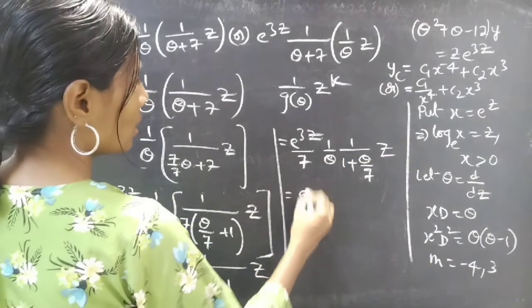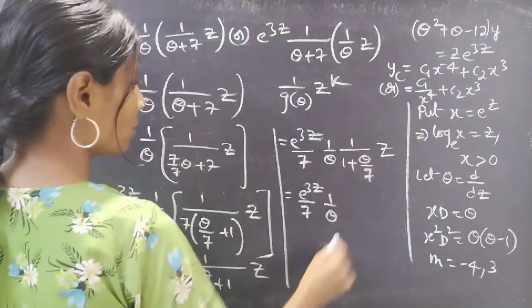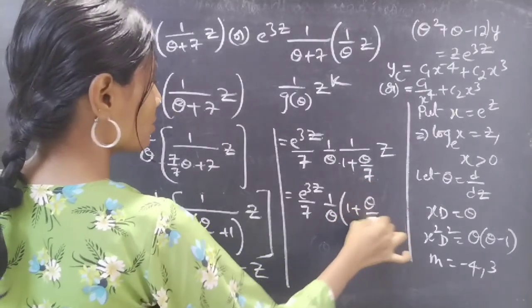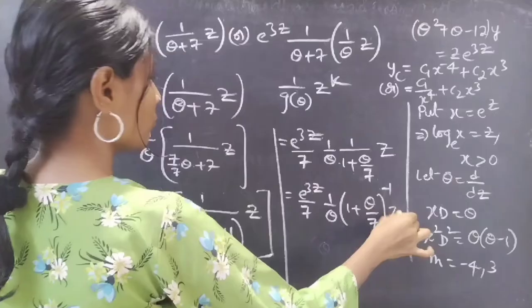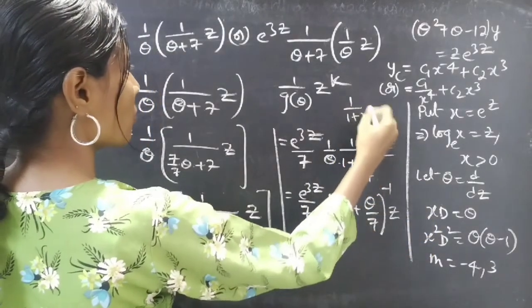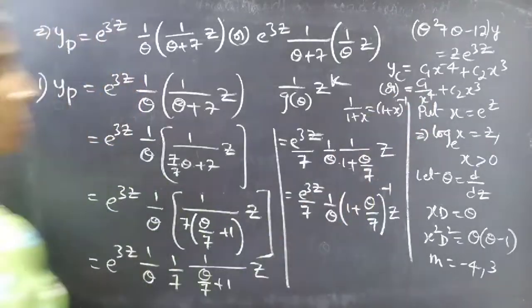This is equals to e power 3z by 7 into 1 by theta into, we can write 1 by 1 plus theta by 7 as 1 plus theta by 7 whole inverse into z. Since this is of 1 by 1 plus x form, we can write it as 1 plus x whole inverse, right?